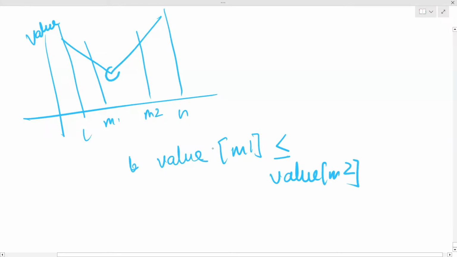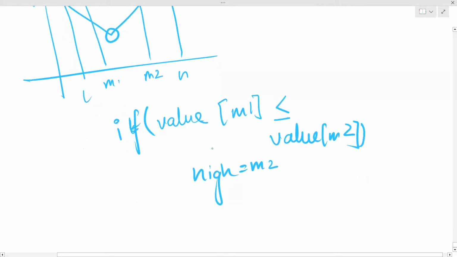In case I have to find the minimum, I'll shift to the place which has the greater value. So I'll change my high to m2, else low is equal to m1. Is it clear? Yes, no, anything? So can I show you the code?